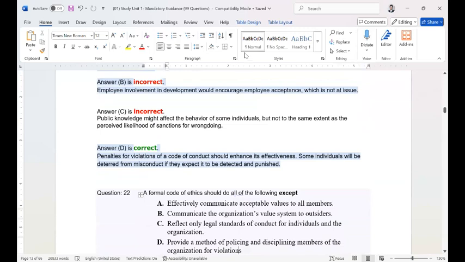Go through question number 22. Now we are in the code of ethics section.